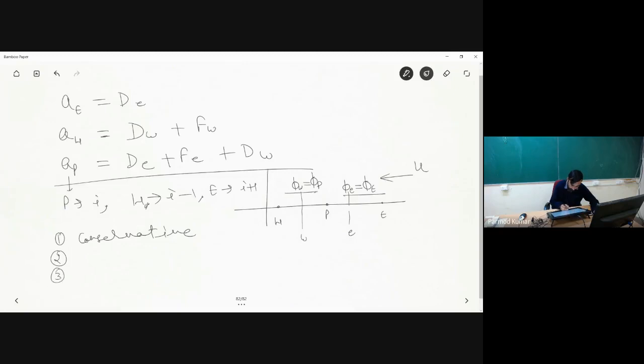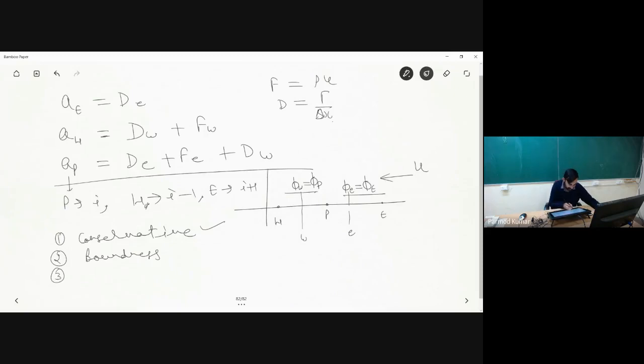Yes, sir. So this is conservative. What about boundedness? So if you see over here, F is product of rho into U, and D is nothing but equal to gamma divided by delta X. Delta X will be finite sized. Gamma, rho, U will be always positive. So all my coefficients over here are nothing but positive.